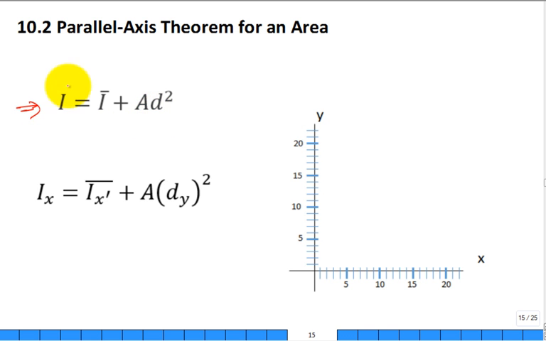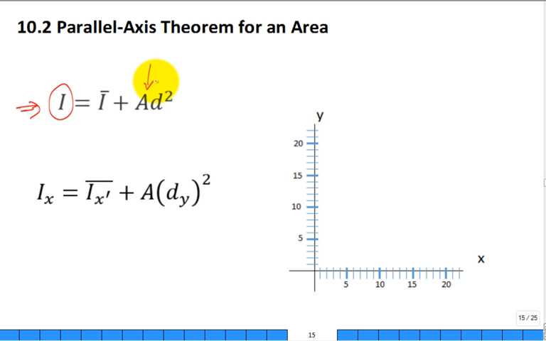All right, what do you think this is? Area moment of inertia. They left off any subscripts x or y. What does the bar on top of that I mean? Going through the centroid. It's the centroidal axis going through the centroid. And then what does the A stand for? Area.